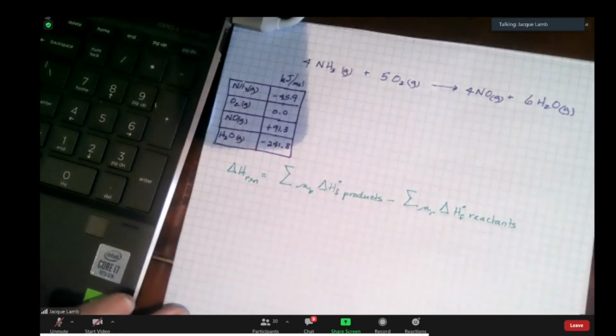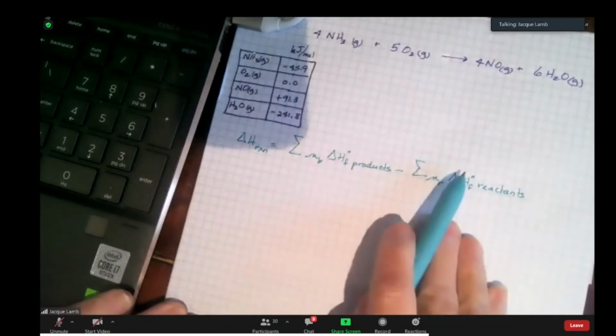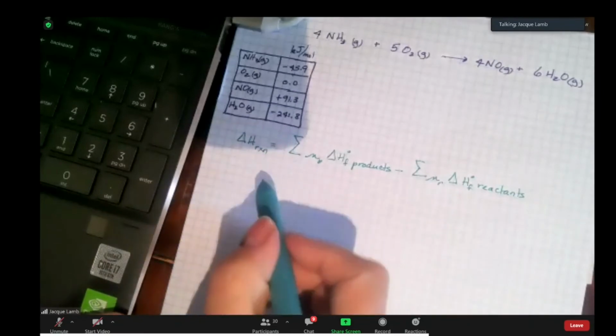That's the overall equation that you have to use. Remember, it's always products minus reactants. So we can start plugging numbers into this.